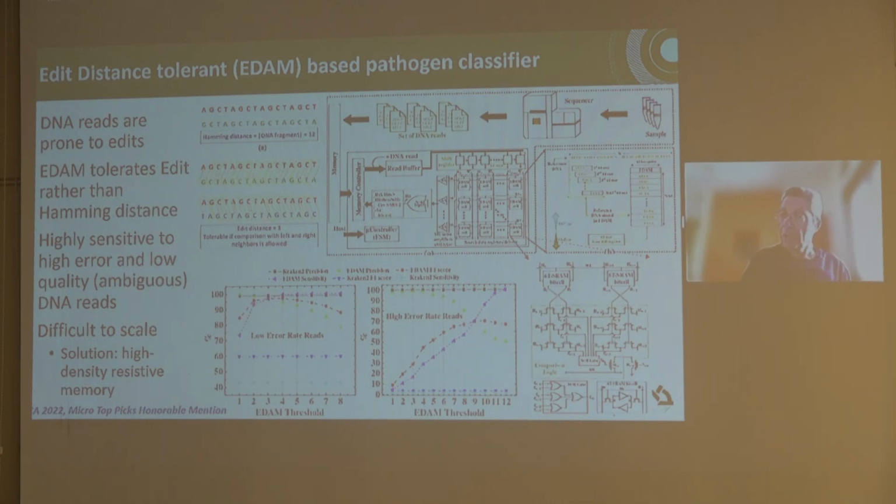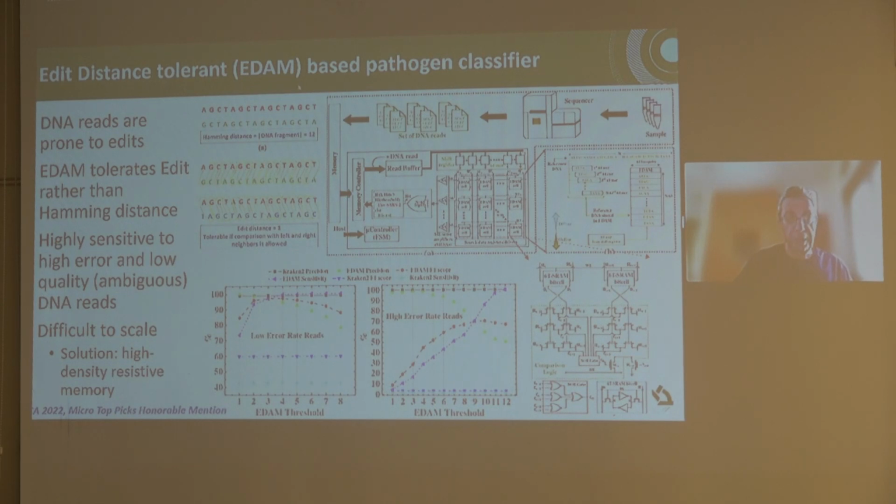Unlike HDCOM, which tolerates Hamming distance, which allows it to tolerate sequencing errors and small variations, EDAM utilizes the observation that most errors and variations in DNA are actually edits, not simply replacements.